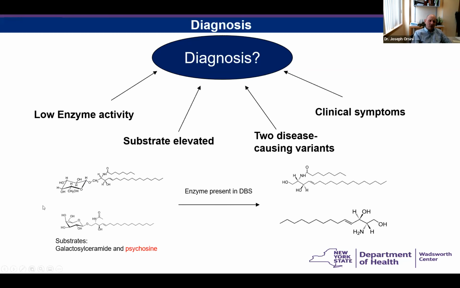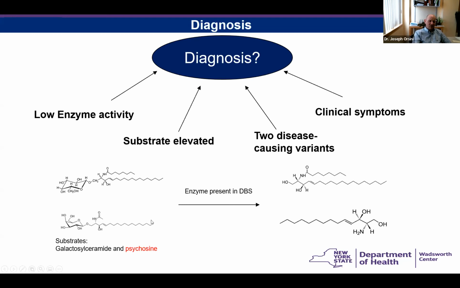But the psychosine is a very similar compound, and the interesting thing about this is it turns out to be quite elevated in babies with infantile disease, and we can detect that in newborn screen. And Dr. Matern will talk more about this aspect of the testing with his talk. But I like to comment that this particular compound is elevated in individuals with disease where the galactosyl ceramide is not.